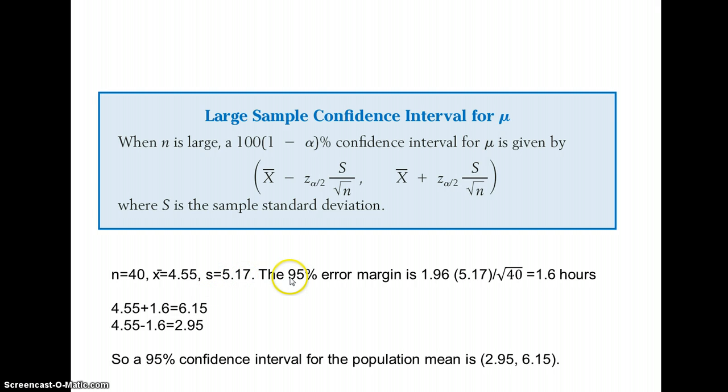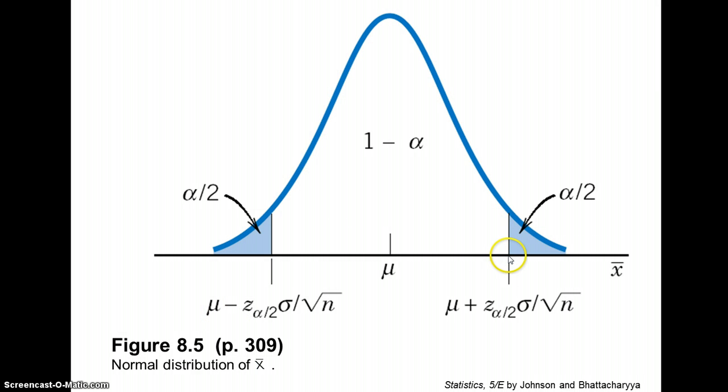So if we want the 95% error margin, that's the problem we did before. The 95% error margin is 1.6 hours, and if we take the sample mean 4.55 and add this error, we get the upper point 6.15. So it's going to be this point right here.